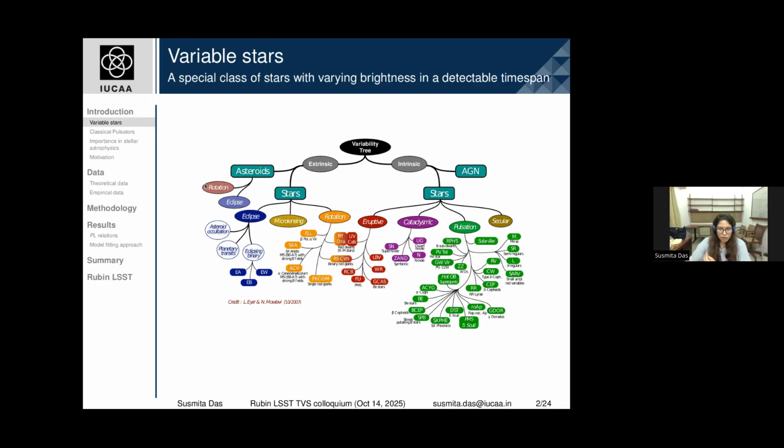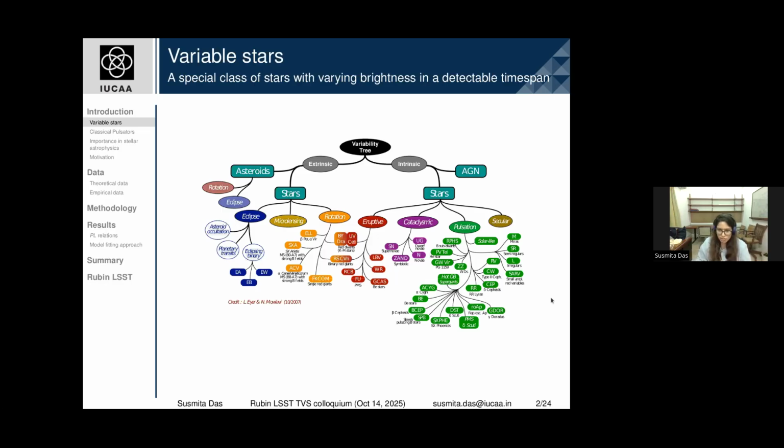If you look at the variability tree, there are extrinsic variables and intrinsic variables scattered all over the HR diagram. But if you look in particular at the ones in green, all of these subclasses belong to the pulsation variables. And you see that they dominate over the entire variability tree.